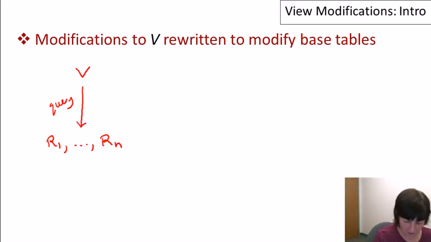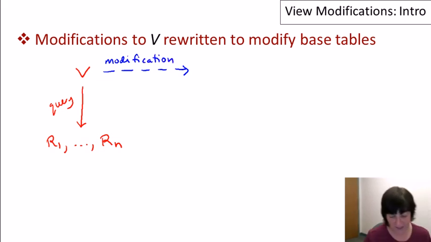Now someone comes along and they want to modify V. Now V is just a logical concept, but the user thinks of V as a table, so they write a modification command. So that would be, say, an insert, delete, or update command using the SQL language, and they're imagining that V is a stored table, so they're imagining that the result of that modification command is going to be a new table V prime.